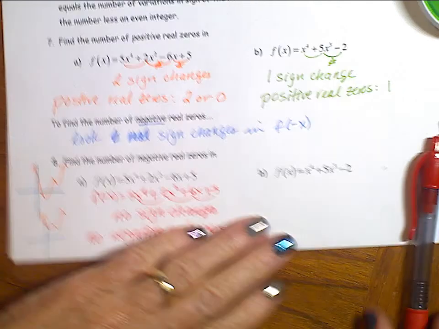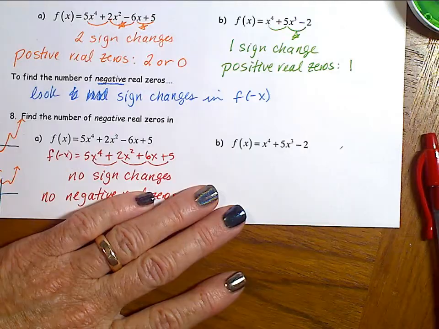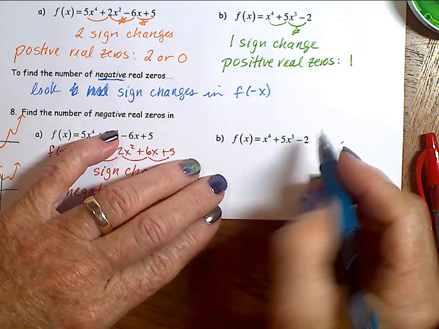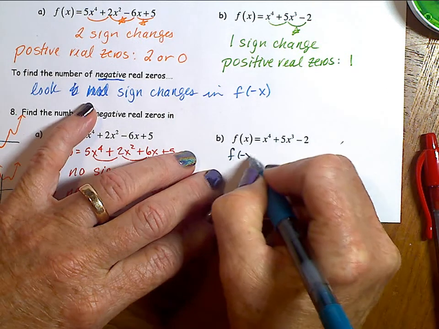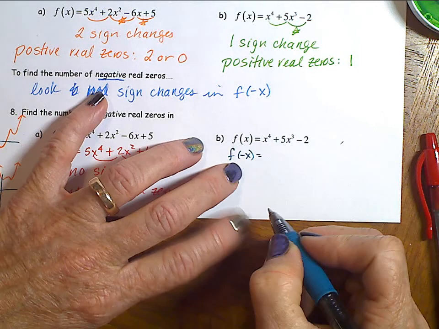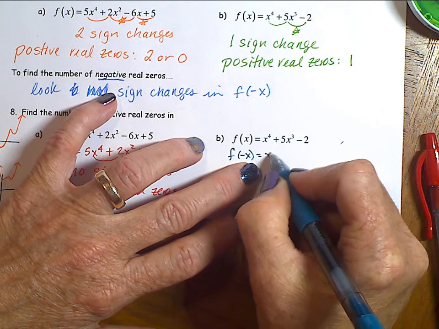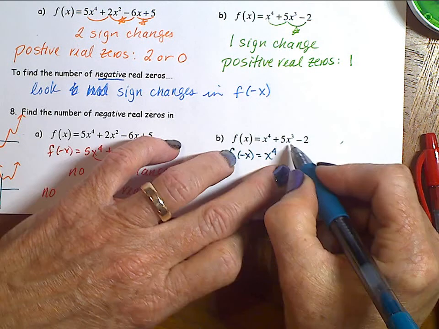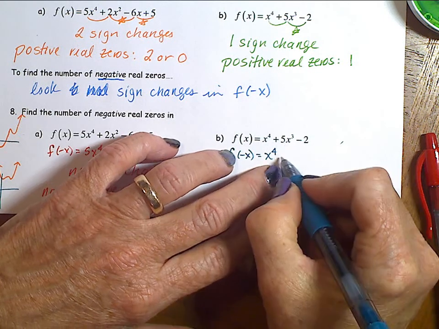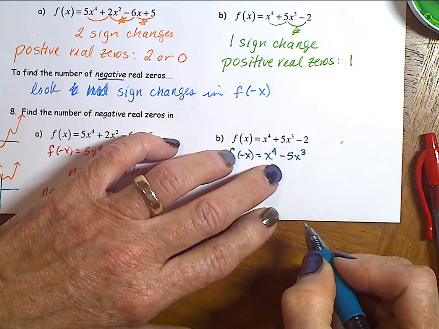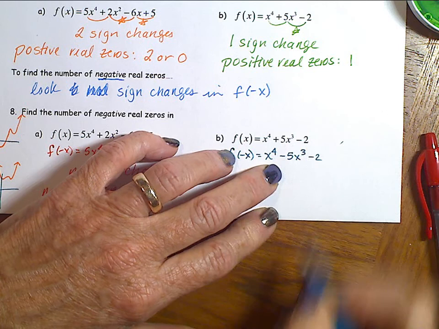All right, let's come over here and look at this one. First, let's find f of the opposite of x. So f of opposite x has to be, this will stay the same, x to the fourth. This one is going to change to a negative 5x cubed when you replace that x with a negative x, and then minus a 2.